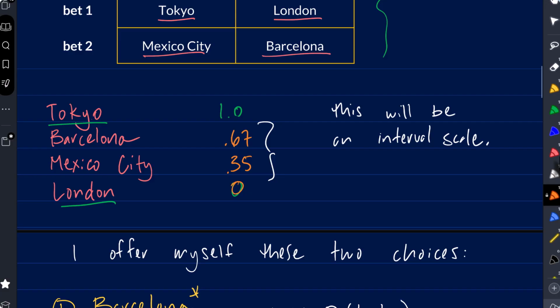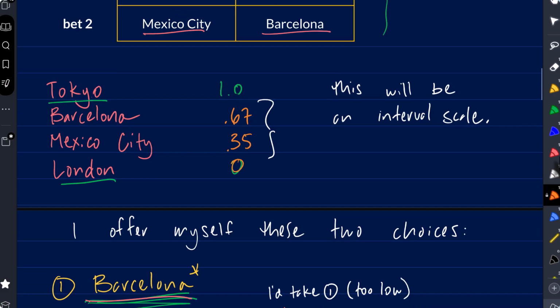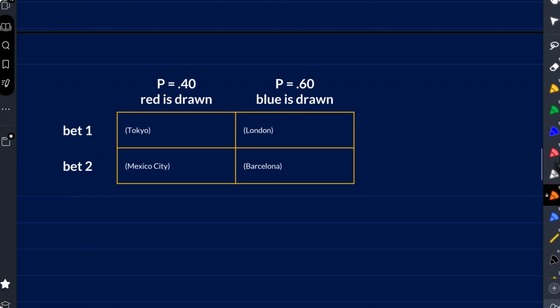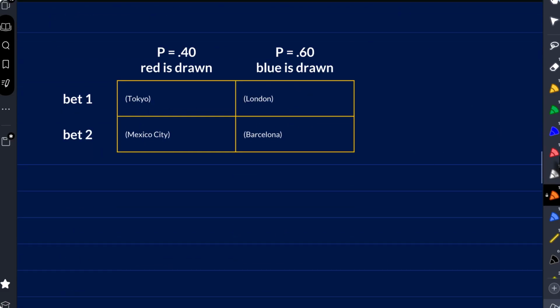All right, so now I have utility values on an interval scale for all 4 of these outcomes. To make a decision, my next step is just to put those values into the decision table.